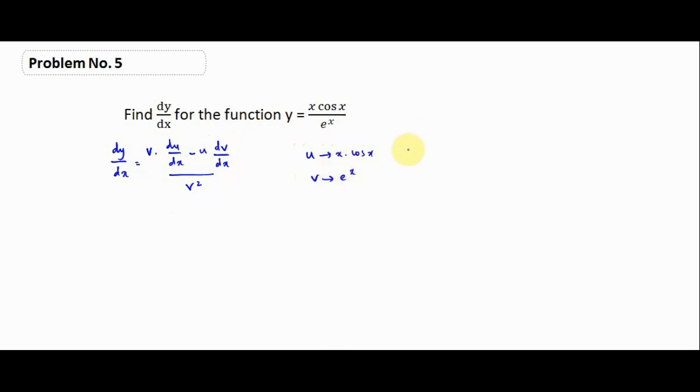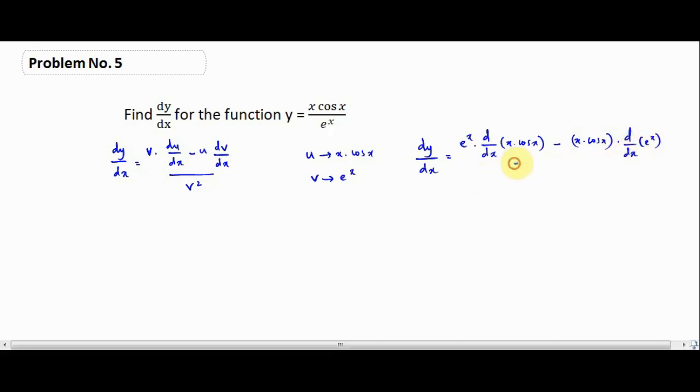So this implies that dy by dx will be equal to v, that is e raised to x, into d by dx of x into cos x, minus x into cos x into d by dx of e raised to x, whole divided by (e raised to x) whole raised to 2.